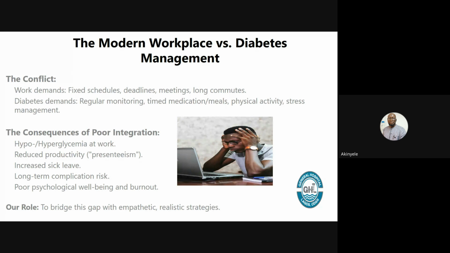It affects their mental well-being, and all of these can become a vicious cycle that continues to affect their glucose monitoring, the use of their medications, as well as their meals. The consequence is that many of them are either taking their medications too much and developing hypoglycemia, or they are not able to take their medications when due, and then they have hyperglycemia.